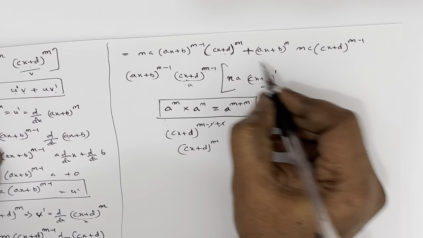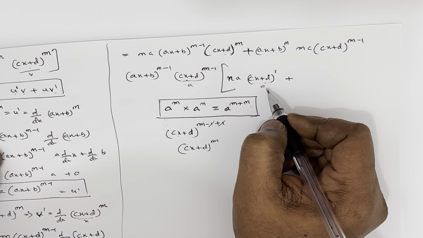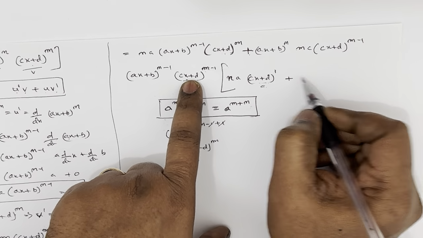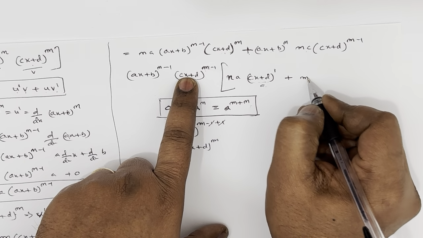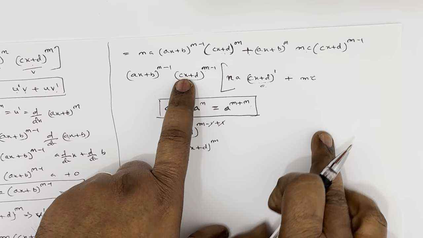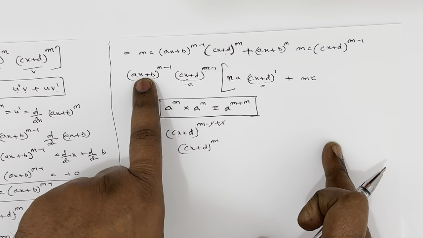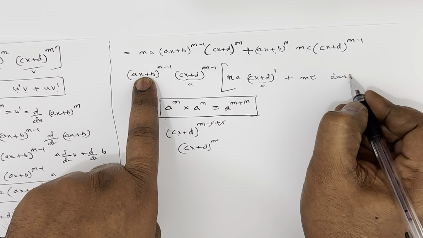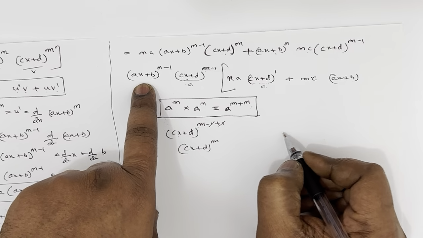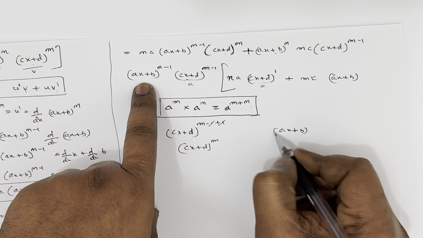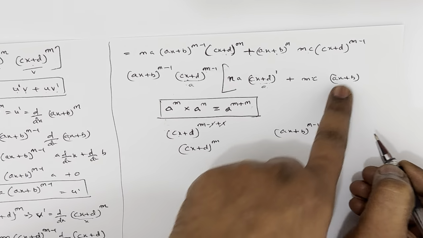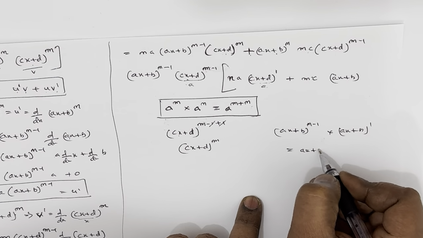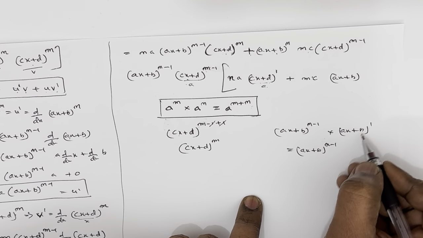The same way, plus, now this multiplied by mc will give you this. And this multiplied by something must give this, that is ax plus b. Because (ax plus b) whole power n minus 1 multiplied by (ax plus b) whole power 1 will be (ax plus b) whole n minus 1 plus 1.